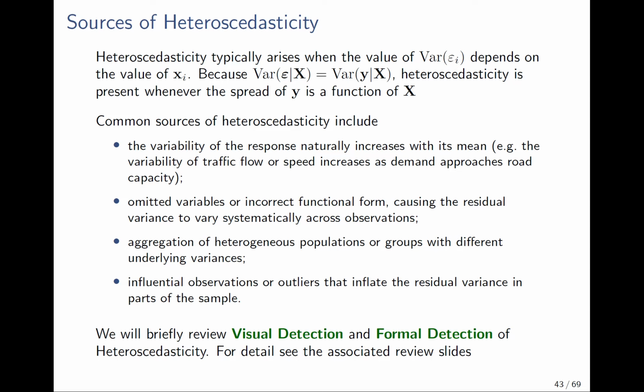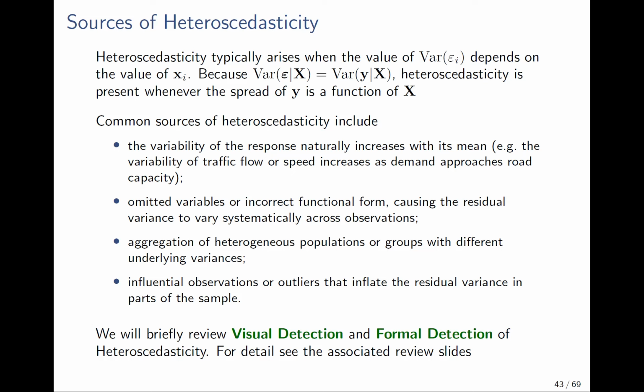The common sources of heteroscedasticity are listed on the slide. First, the variability of the response may naturally increase with its mean. For example, the variability of traffic flow or speed increases as demand approaches road capacity. Second, omitted variables or an incorrect functional form can cause the residual variance to vary systematically across observations.